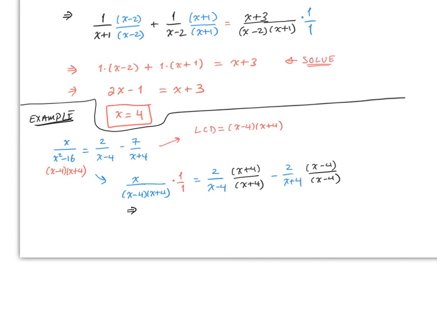So from here, this means that x equals 2x plus 8. You distribute this minus 2, this is actually 7, so it should be a 7, times 7x, and then plus 20, which will give you x equals minus 5x plus 36, or 6x equals 36, or x equals 6.